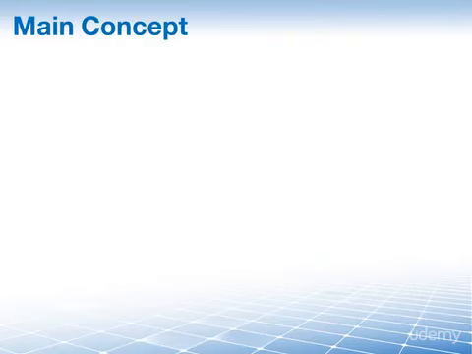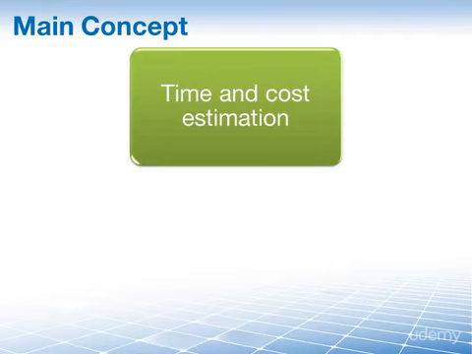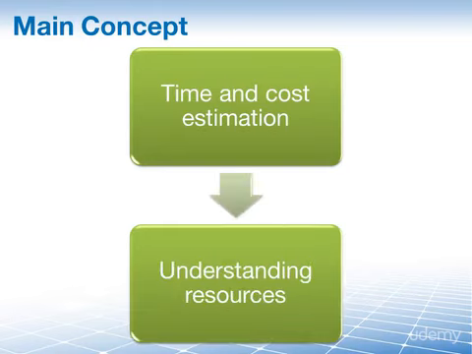The main concept and central theme in estimate activity resources is that the accurate estimation of duration and costs require a thorough understanding of the resources that are required for individual activities and the project as a whole. Not understanding your resources, their skills, who they are, what they are, can lead to cost overruns, schedule slippage, and possibly project failure.